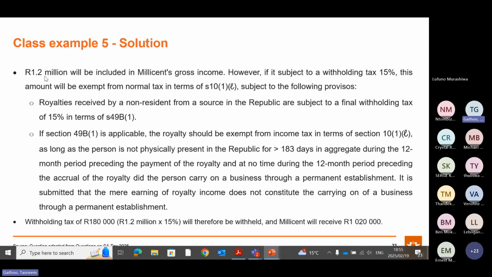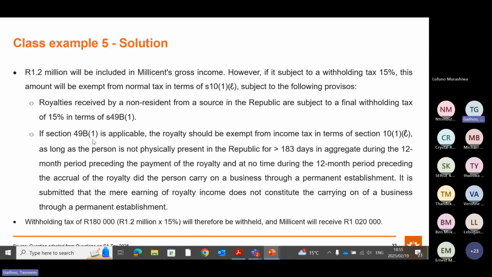In this case here, 1.2 million rand will be included in Millicent's gross income. However, if it is subject to a withholding tax of 15% in South Africa, this amount will be exempt from normal tax in terms of Section 10(1)(l), subject to the following provisions. Royalties received by a non-resident from a source in the Republic are subject to the final withholding tax of 15%.